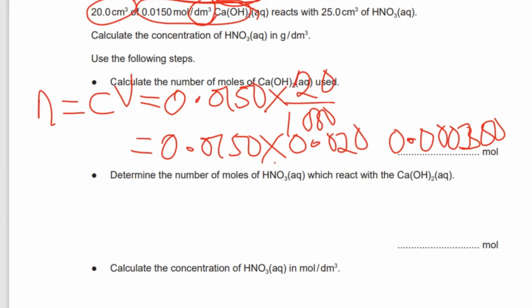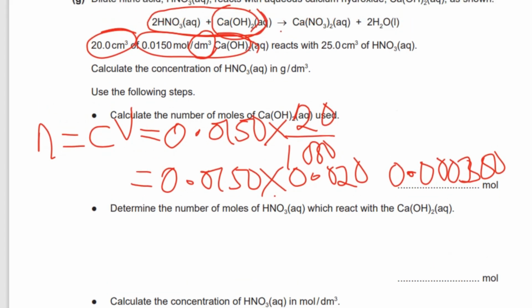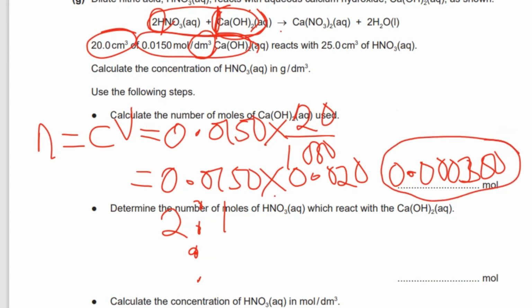from the balanced equation. From the balanced equation, we could see that they are in ratio 2 to 1. Nitric acid is 2, calcium hydroxide is 1. Now from the information we have been given, we are able to calculate the number of moles of calcium hydroxide. So if calcium hydroxide is 0.003, what will nitric acid be?